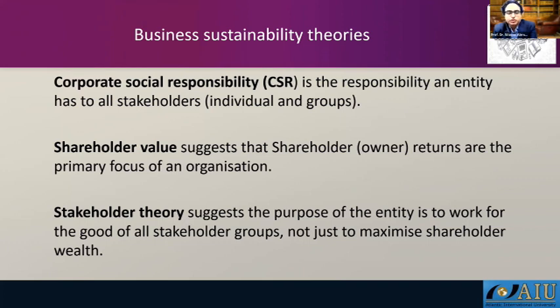Corporate social responsibility means that they obviously have to work on the corporate agenda to make financial gains, but they also have to be aware of the social responsibility to contribute to the planet as well. And that's what we will talk about later.